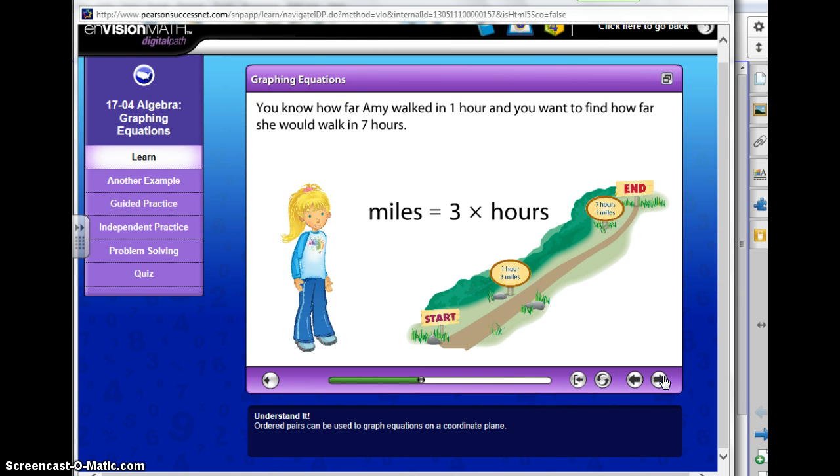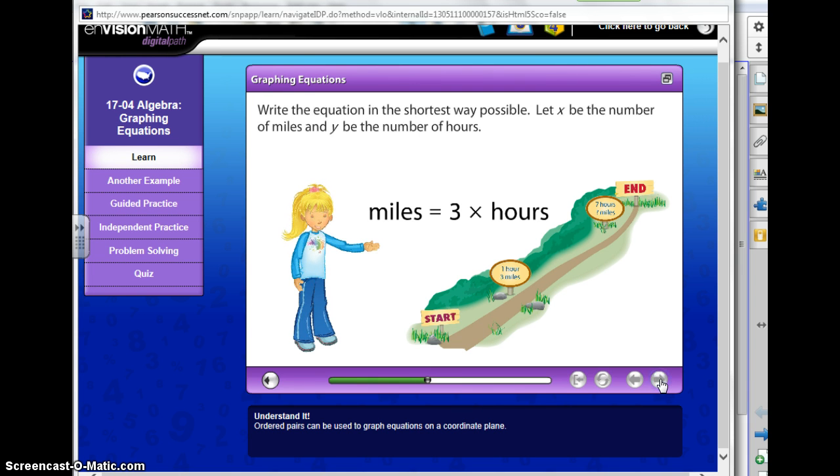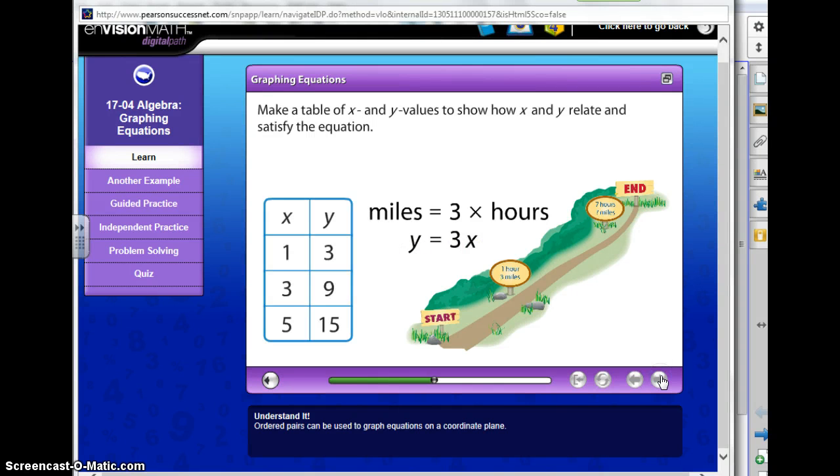We know how far Amy walked in 1 hour, so we want to find how far she'll walk in 7 hours. To write the equation the shortest way possible, let's let the letter x be the number of miles, and we'll let the letter y be the number of hours. So it'll take her this many hours to do it, 3 times this number.